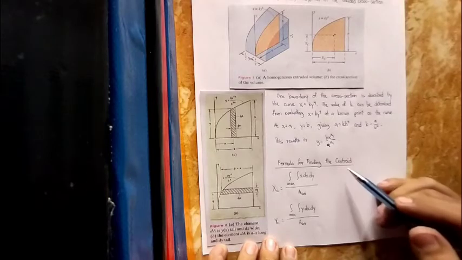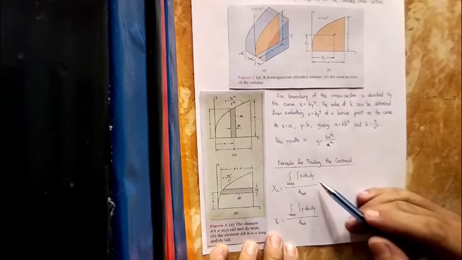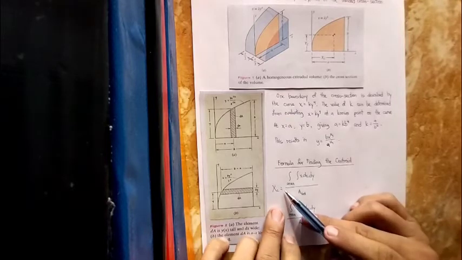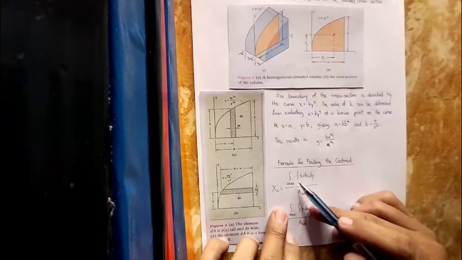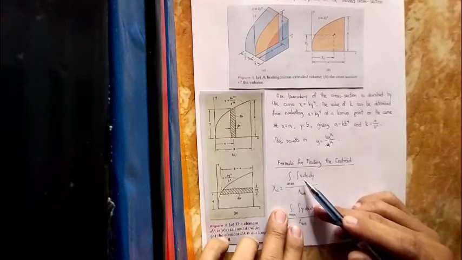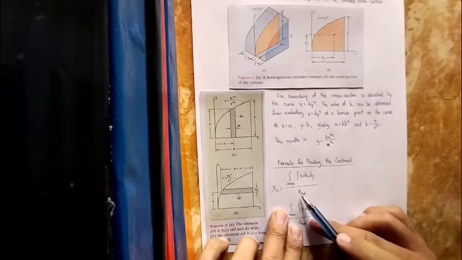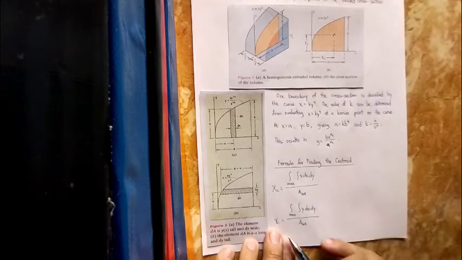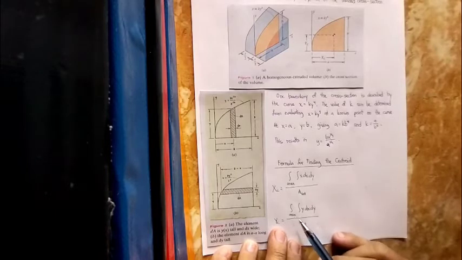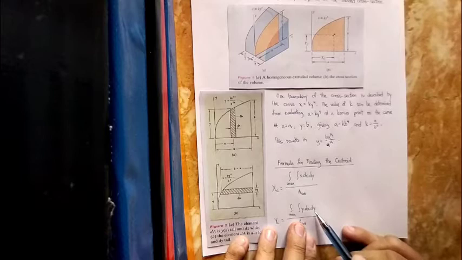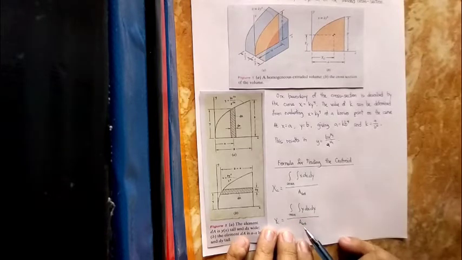Para mahanap natin yung centroid, kailangan natin itong dalawang formula. Centroid of x is equals to integral of x dA over total area. And ang formula naman ng centroid of y is equals to integral of y dA over total area.